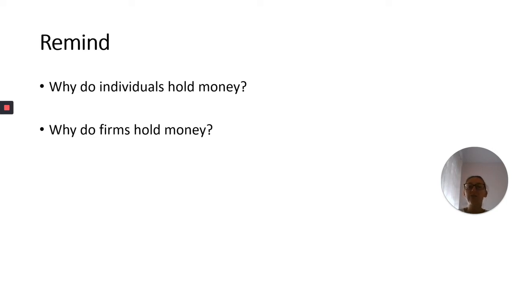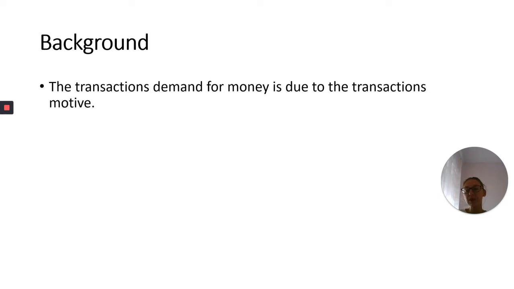So that's the general idea. Why do we have money instead of having bonds? So some of the background before going to discuss the particular model.